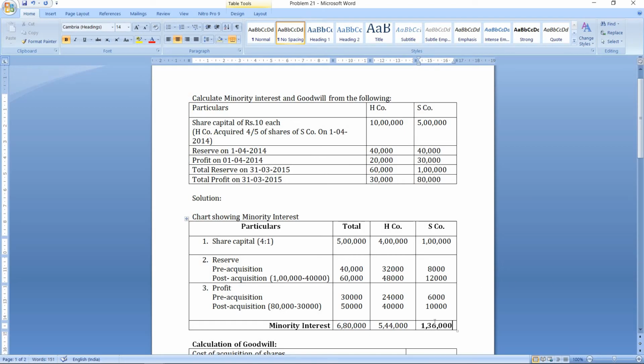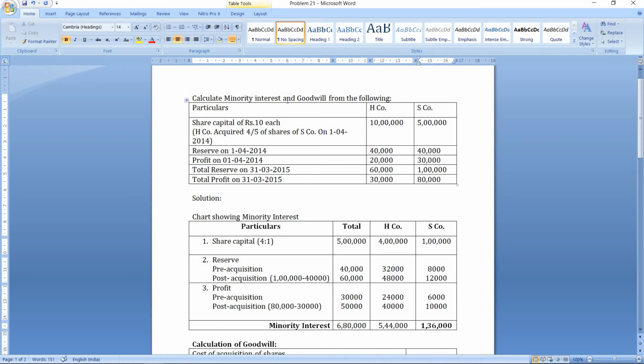So this is our minority interest. A very simple calculation. First you have to find out the ratio and then just divide the reserves as pre-acquisition and post-acquisition based on the date of acquisition of shares of holding company. And the last column is your minority interest.